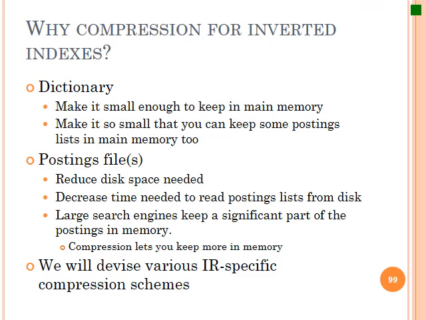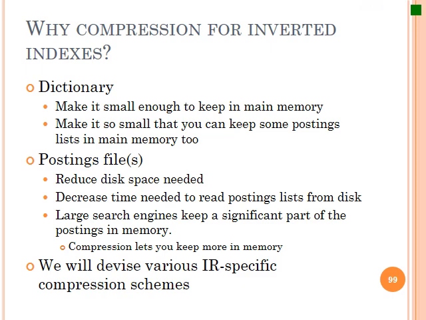For dictionaries, if we can compress it, we can keep it in the main memory. So if your dictionary is kept as small as possible, you can even use part of your memory to store the posting list, just like you're making some space for the posting list.